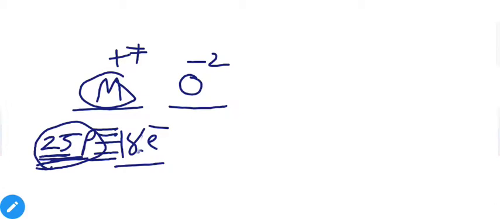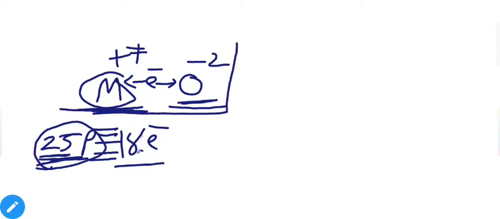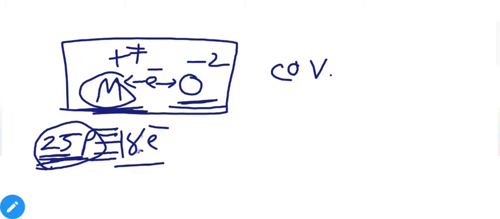Because of effective nuclear charge, the metal also attracts electrons strongly. So both of the species present in the oxide are trying to attract electrons strongly, and the electronegativity difference decreases. Because of that, at higher oxidation state, the compound becomes covalent, that means it has more than 50% covalent nature.